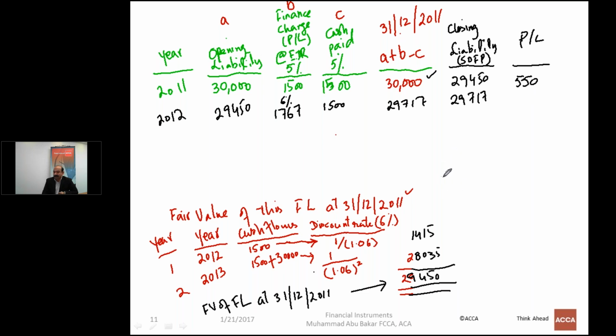So in the first year, our double entry will be like, for initial recognition, we debited the cash or bank with 30,000, the amount received, and credited the financial liability.